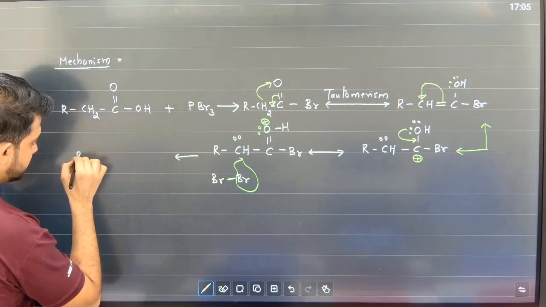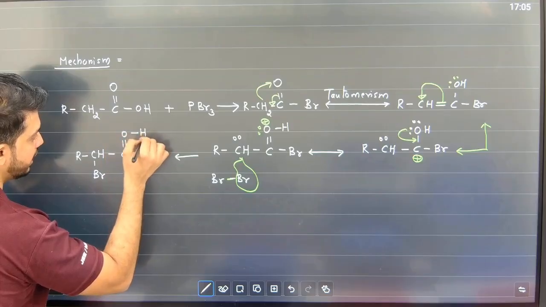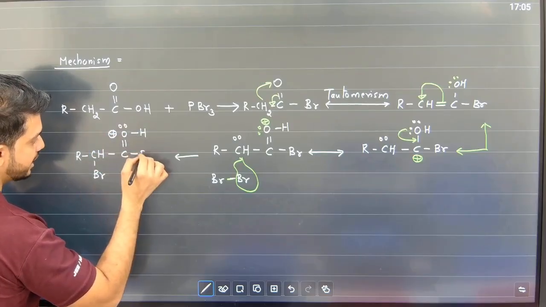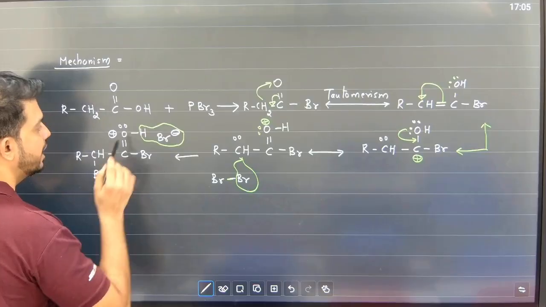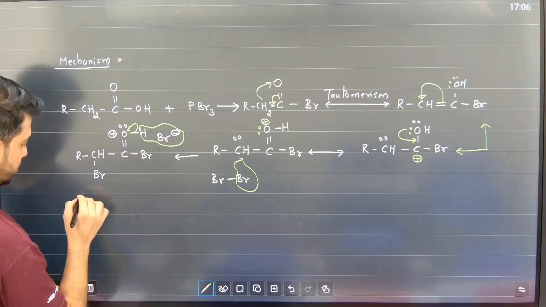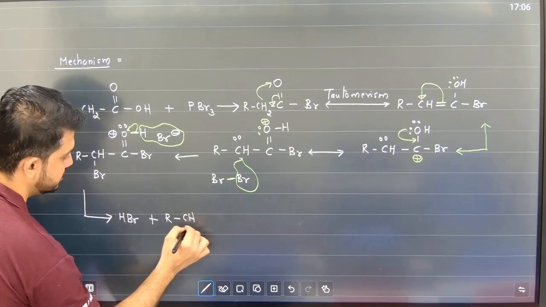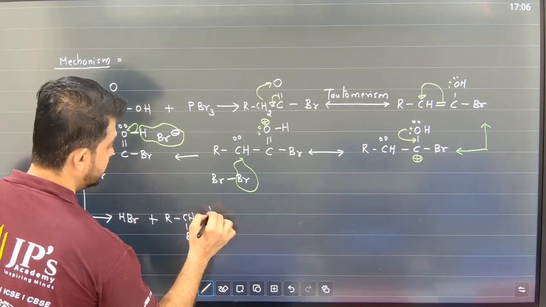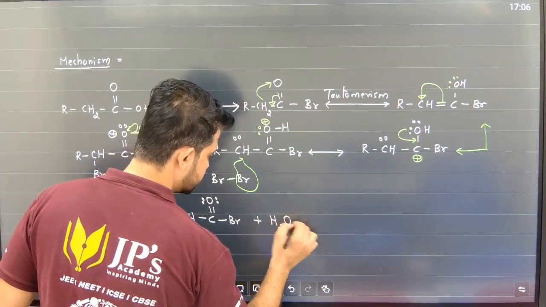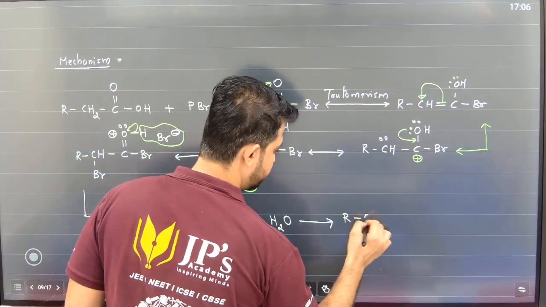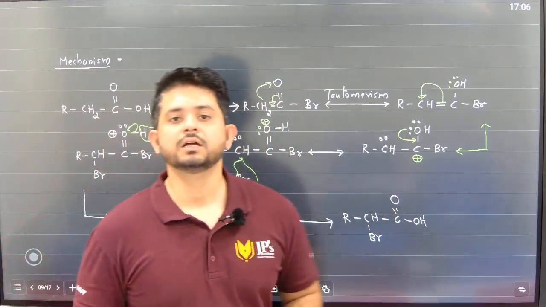So we have R CH, Br attached on the alpha carbon, C double bond OH, oxygen still has that plus charge and Br, and the Br minus will extract this proton and these electrons go to oxygen as lone pairs. So you get HBr plus R CH Br, we have C double bond O and Br, and finally this on hydrolysis gives us the alpha halo carboxylic acid. This is the mechanism of the reaction.